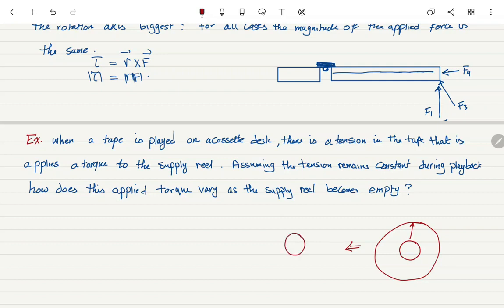In this case the distance R is decreased, and assuming that the tension remains constant during playback, the only thing that changes is the radius of the supply reel, which means the torque will decrease.